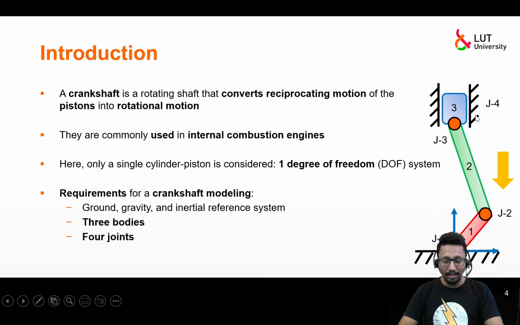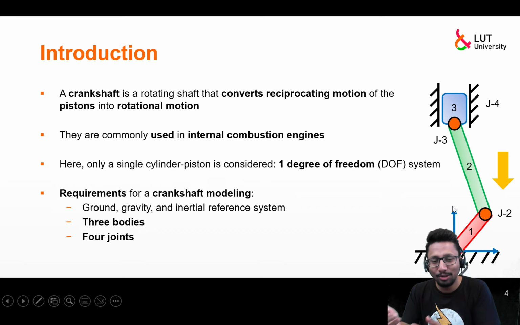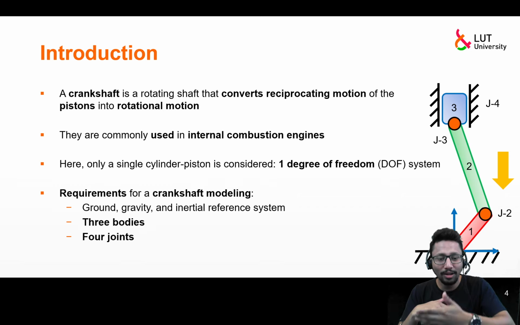Now, you know that we are going to use Simscape Multibody in order to model this system. And in Simscape Multibody, everything is modeled in 3 dimensions. Now, if you have been taught this kind of system in 2 dimensions, that's fine. Because at the end of the day, it's a planar mechanism. So no matter if you model it in 2 dimensions or 3 dimensions, it's only going to have motion in one single plane, correct?